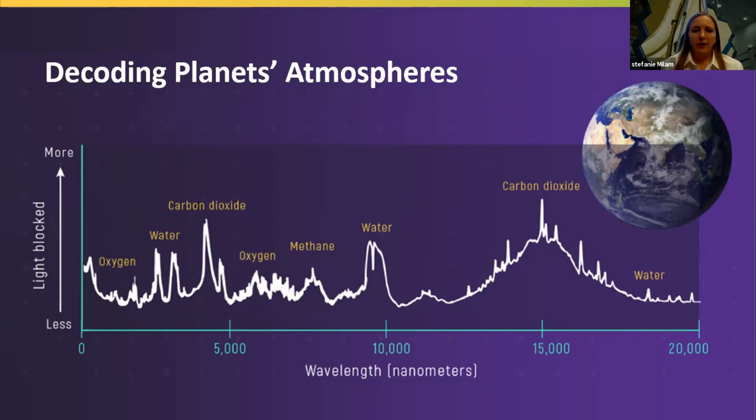So looking for things like water, oxygen, carbon dioxide, methane, et cetera, we can start studying the composition of some of these planets and get a better understanding of which planets may or may not have chemistry that's not in equilibrium, possibly caused by some process on that planet, be it geologic or biologic, altering the atmosphere in some manner.